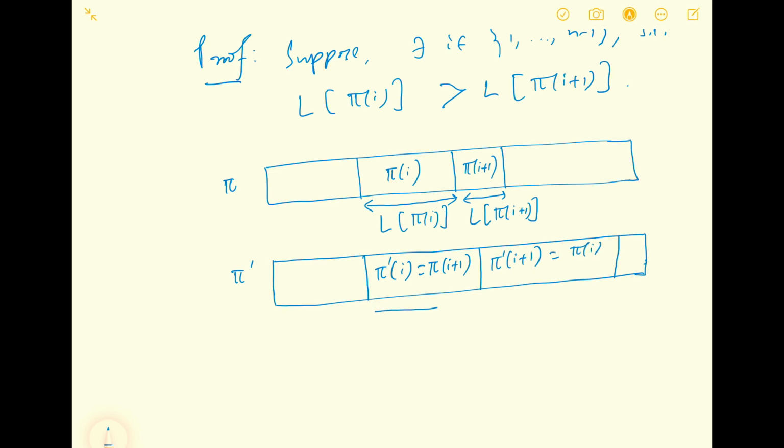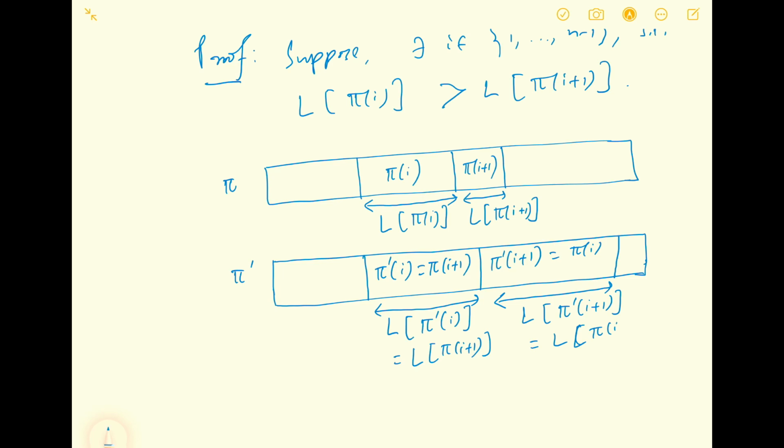So what is this length? This length is L of pi prime i, which is nothing but L of pi i plus 1, and this length is L of pi prime i plus 1, which is the same as length of pi i.